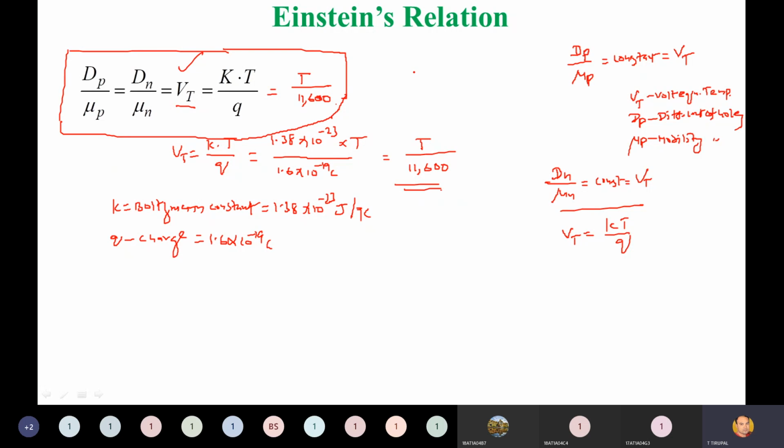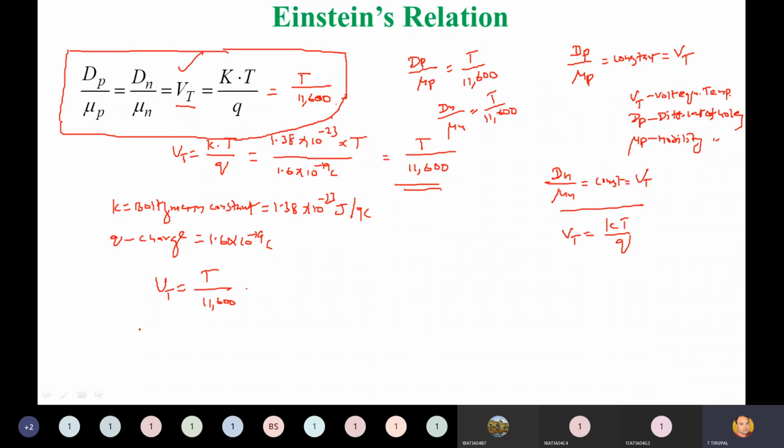So you can use the formula directly now. You can use different ways. dP by mu P is equal to T by 11,600, or dN by mu N is equal to T by 11,600, or Vt, you can write Vt directly as capital T by 11,600.